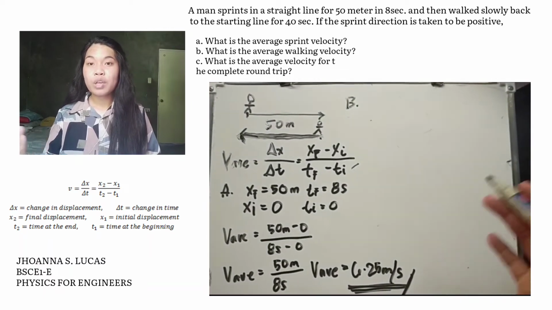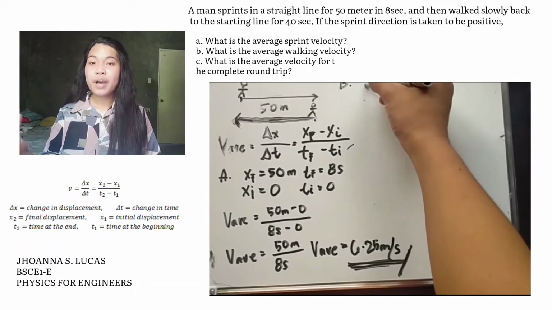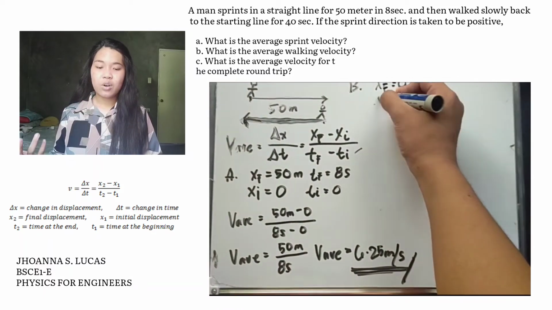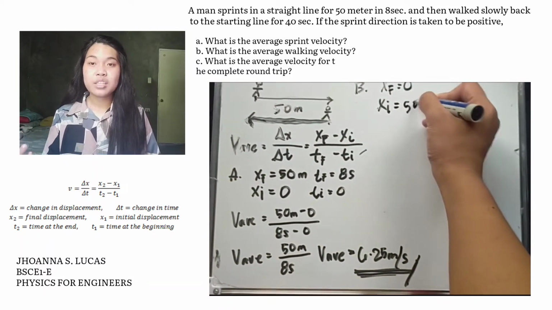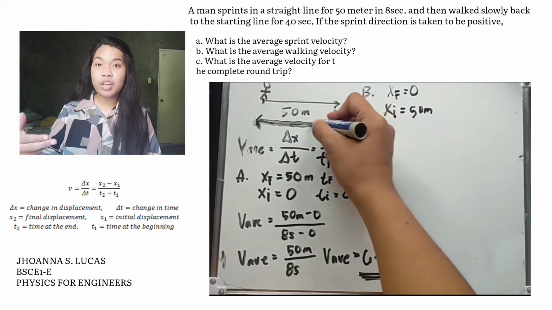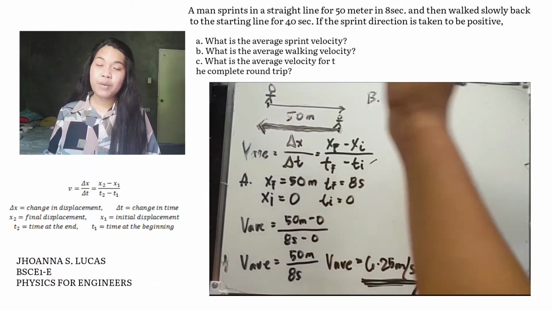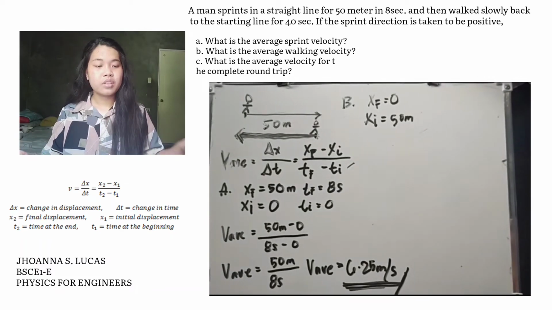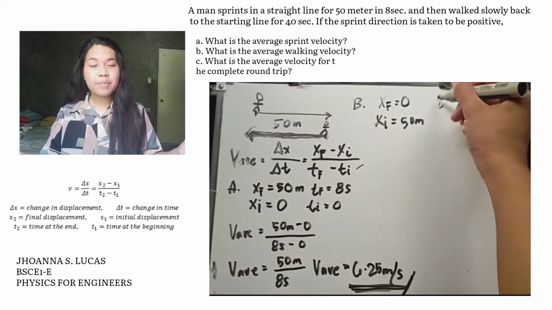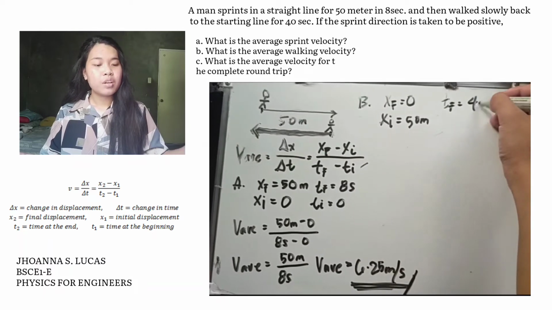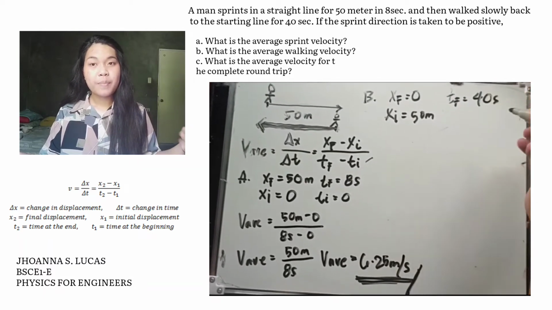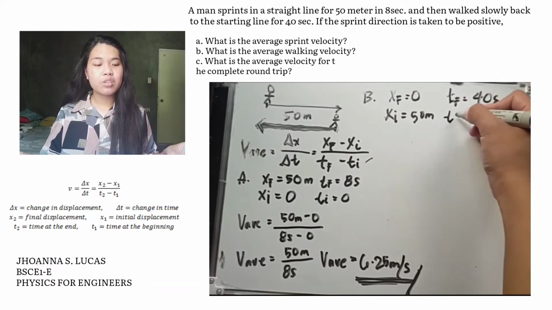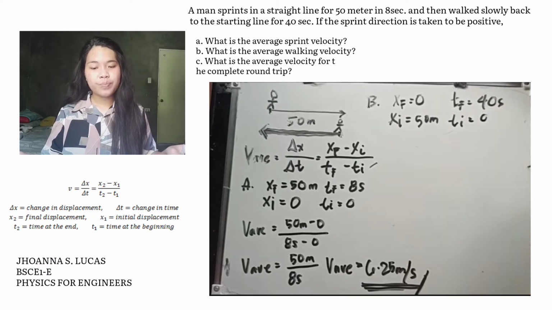So, he is going to the origin. His final position is 0 and his initial position is 50 meters since he starts walking from 50 meters away from the origin. And our time here will be 40 seconds. Our final time is 40 seconds and our initial time is 0.